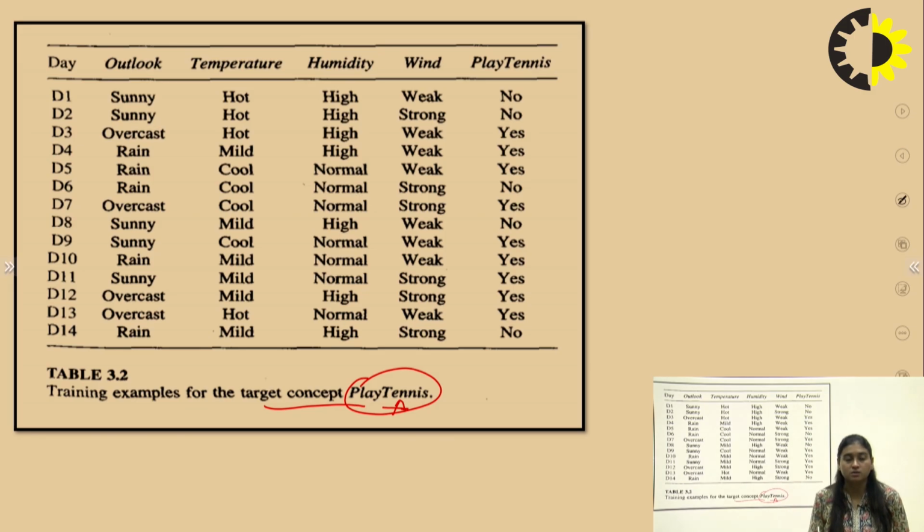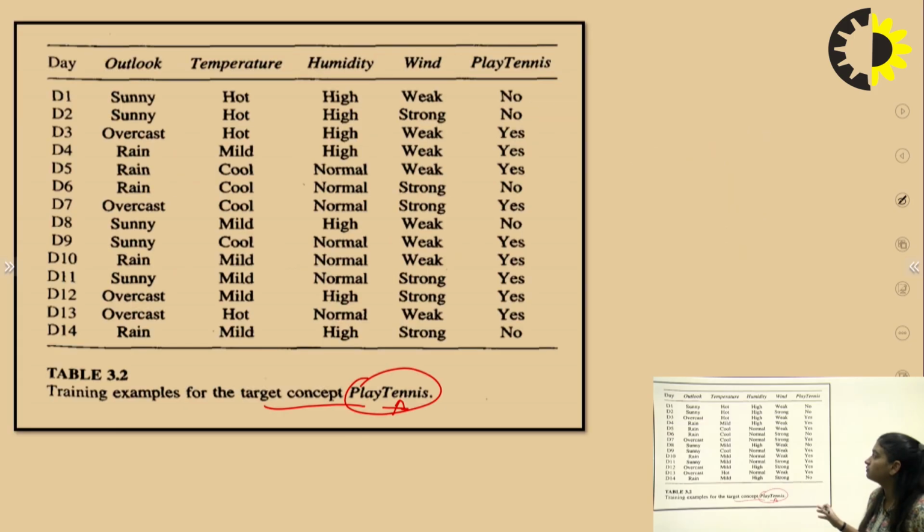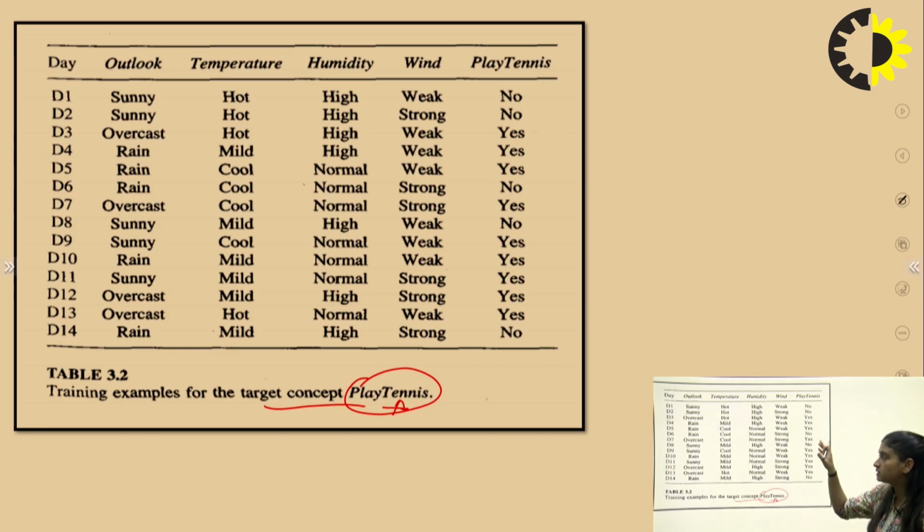We have two classes, yes or no. So here the target attribute is play tennis, which can have two values, yes or no, and we have to predict whether a person will play or not on the basis of these weather conditions: if the outlook is sunny, temperature is hot, humidity is high, or wind is weak, then on these conditions, on day one, whether the person will play or not.